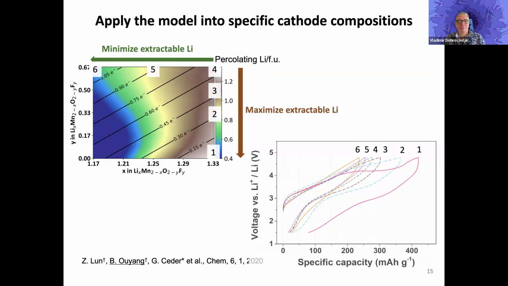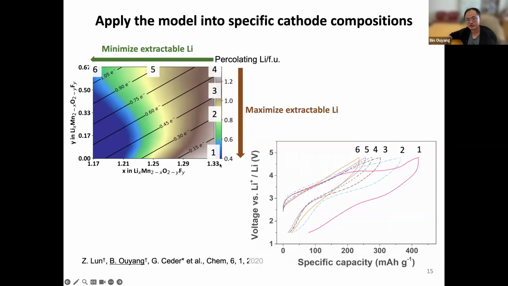Okay, thank you. So coming back to the slides, this is when, as a theoretician, I am really happy, because something we develop and propose can work. Hopefully this can be used as an evaluation of the first cycle performance of battery materials. So we pick 6 compositions and measure the capacity of those materials in experiment.